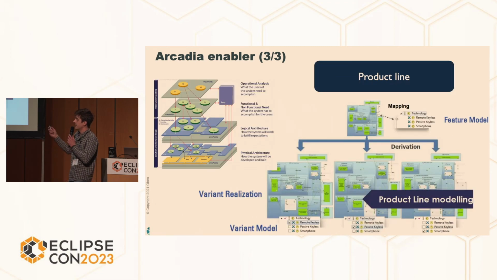And finally, or actually it's not finally, because there are several other benefits, but one that I would like to show is that it will simplify product line engineering modeling, because you can also model variations of your systems architecture.